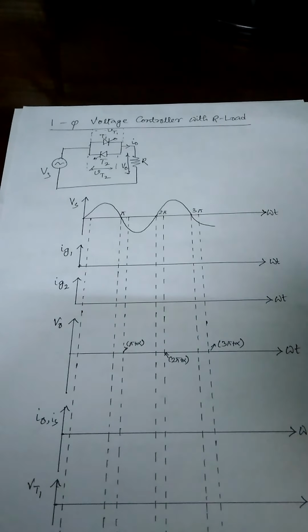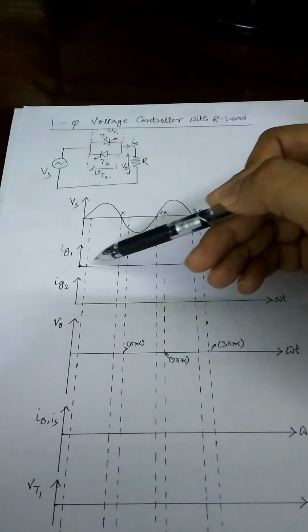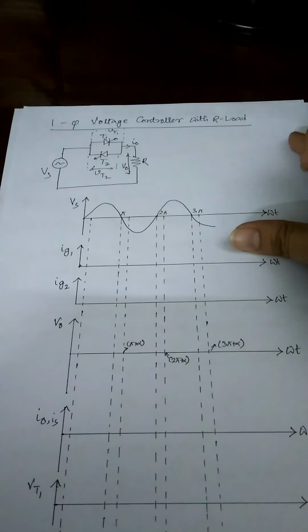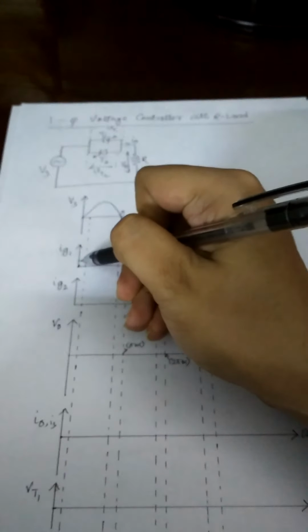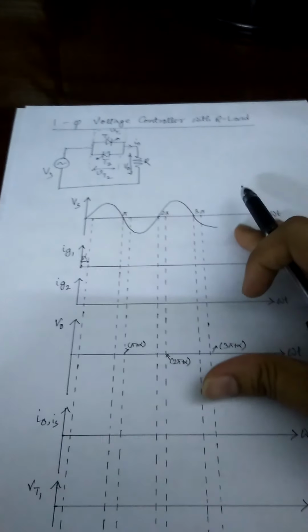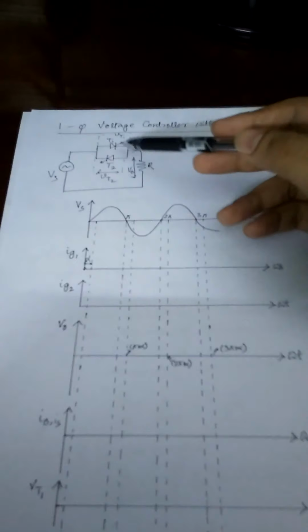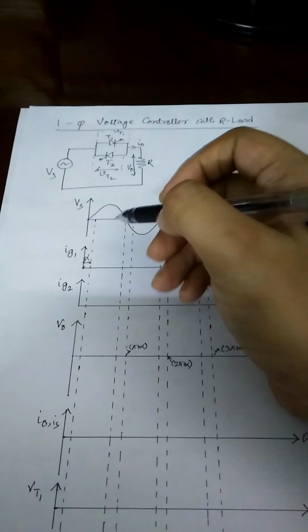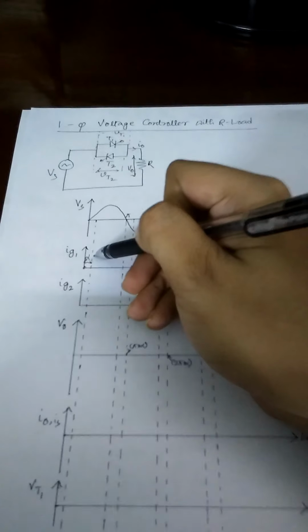So now this is Ig1, that means the gate current of thyristor T1. So what happens at alpha? See, we are drawing the waveform here. This is the alpha firing angle, then this thyristor will be in triggering condition, that means this is the Ig1.